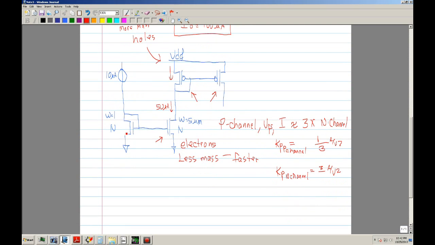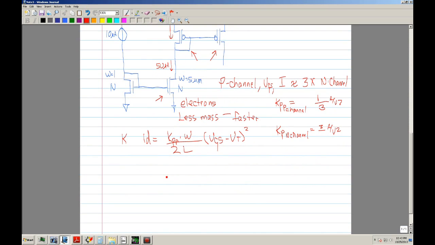Okay, so knowing that, you have ID equals Kp P W over 2L times VGS minus VT. Okay, so this is for a P channel. And ID N equals Kp N W over 2L, and just bear with me, you'll see why they're bigger.